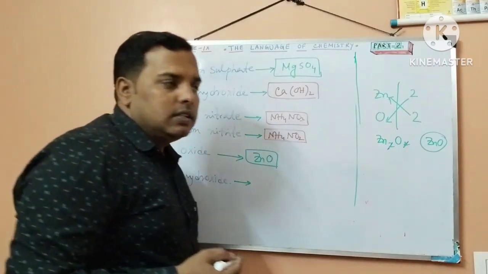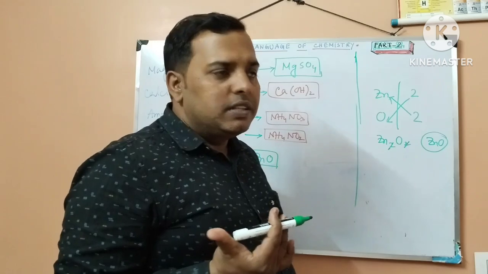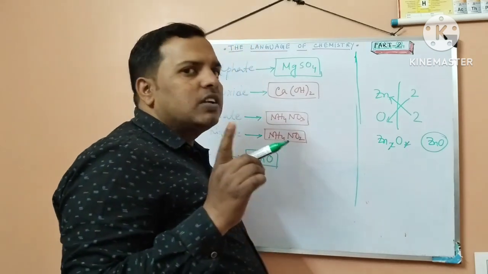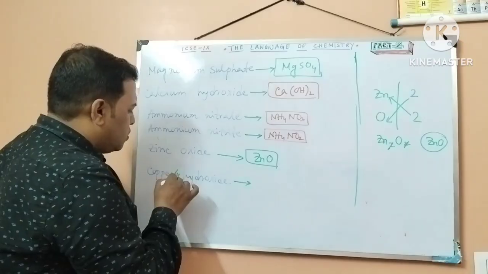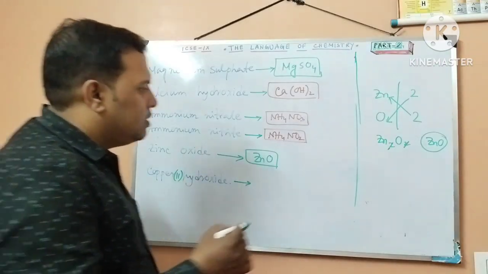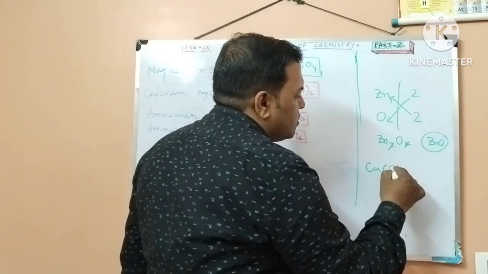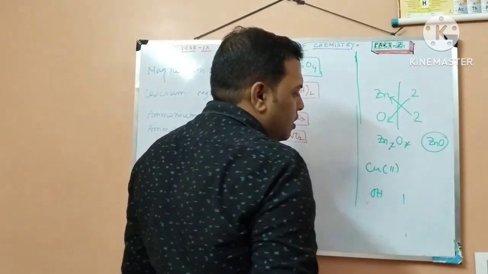Copper hydroxide. There I have not written whether it is copper 1 or copper 2; nothing was mentioned over here. As you know, copper has 2 valencies, one is 1, one is 2. So the question should contain copper 2 hydroxide, not only copper hydroxide. Copper 2 means the valency of copper is 2, and hydroxide, you know, is OH having 1.